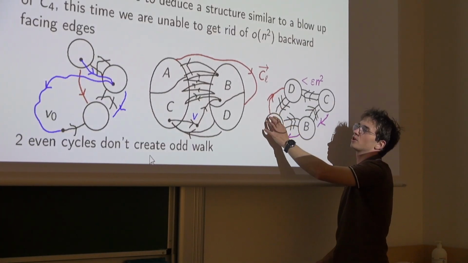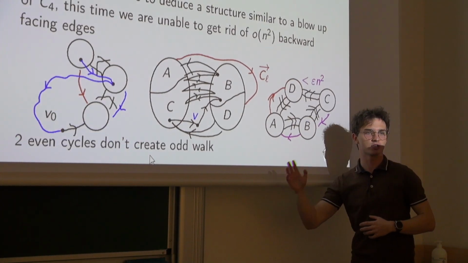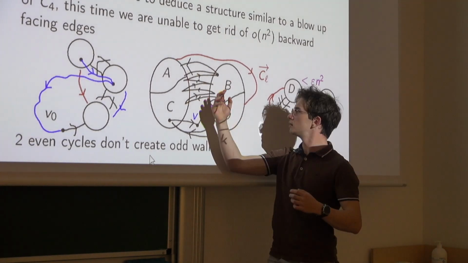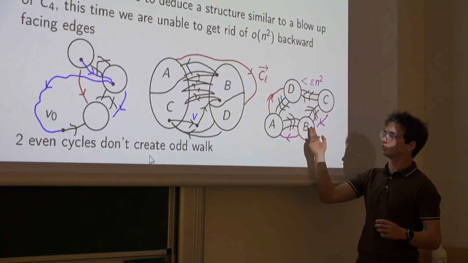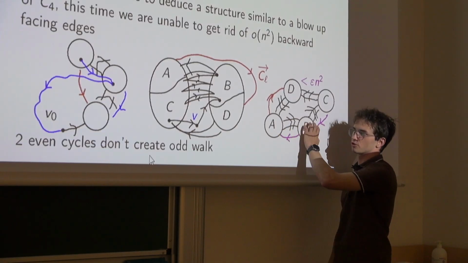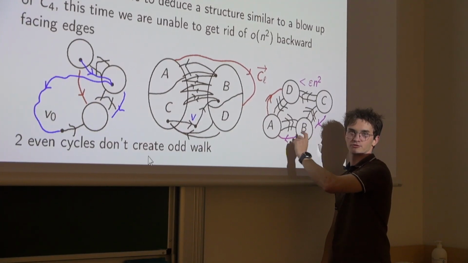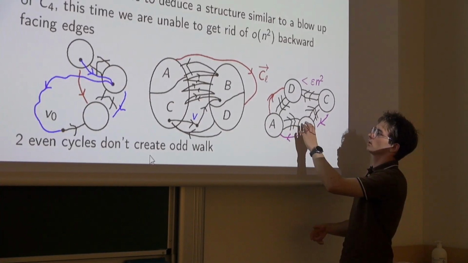Because if there are no edges from A to D, every edge going from A must go to B. As every edge from A goes to B, this is almost full. There are many, many edges going out. Therefore, there must be very few edges going back from B to A, as we would run out of possible edges.